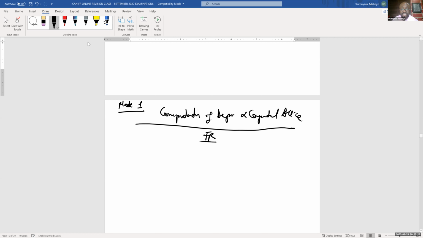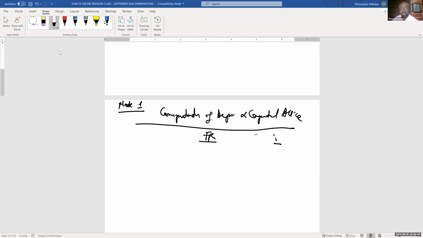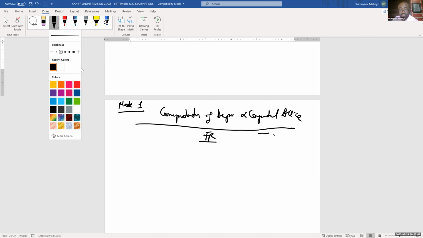Depreciation is from financial reporting. Capital allowance is from tax. Okay.